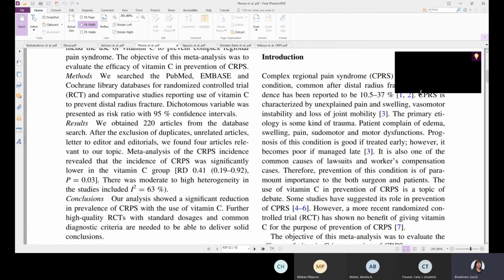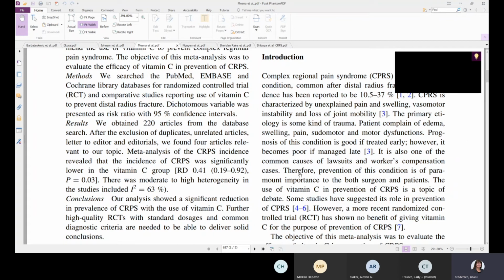And then they go on to define it more, the symptoms of it, the etiology, and prognosis. And then they move into the fact that it's a common cause of lawsuits and workers' compensation cases.